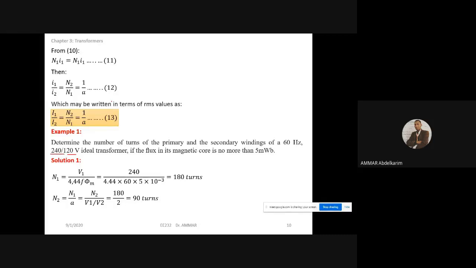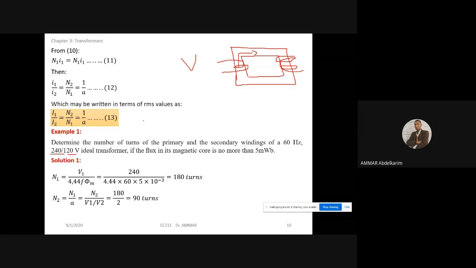Okay. So using the expression of what we said when we explained the principle of operation of the transformer, if this is the core, the voltage of the primary will create a flux here. Then this flux will create a voltage in the secondary. So using Faraday's law, the expression of the voltage V1 equals 4.44 times N times f times phi max.